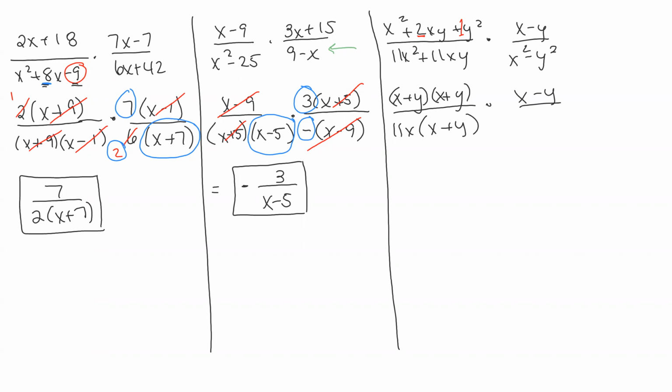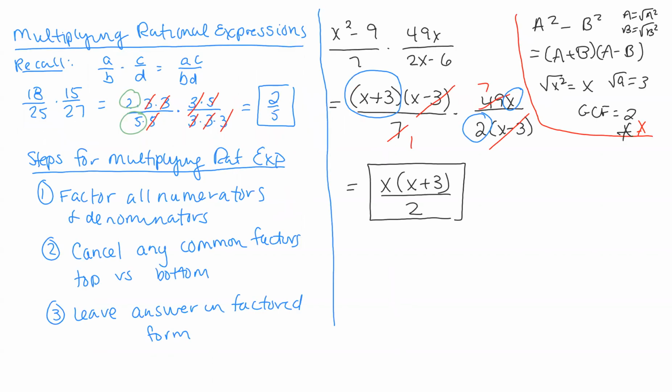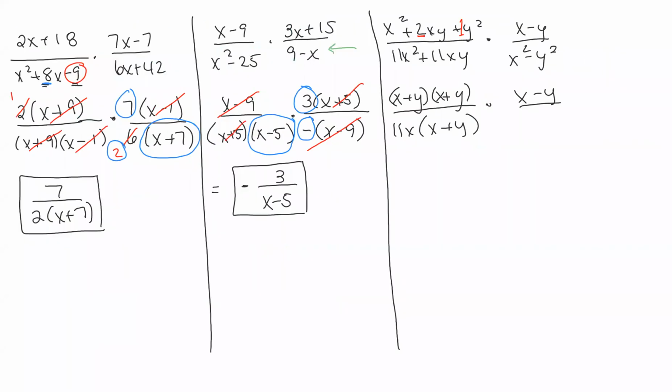Well, that's the difference of squares again. So we take the square root of those 2 terms, we add the square roots, we subtract the square roots. The square root of x squared is just x. The square root of y squared is y. So this becomes x plus y, x minus y. So now everything is factored.